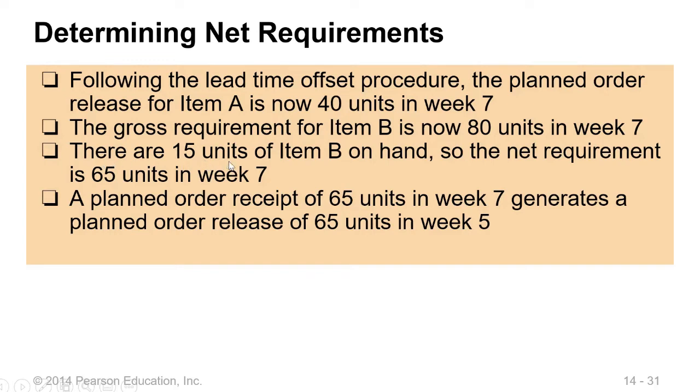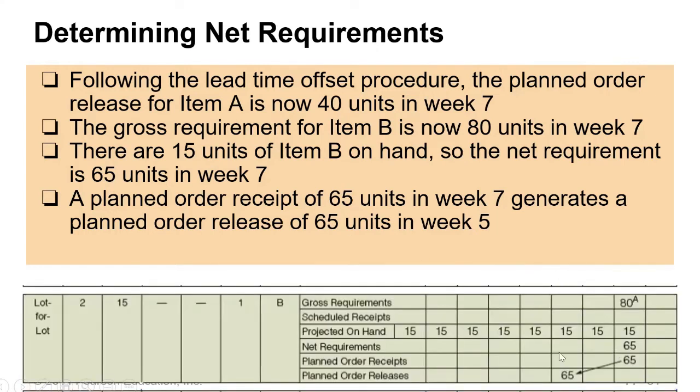And there are 15 units on hand. So the net requirement is 65 in week 7. So what happened is this. You have projected on hand, which is 15. You minus 80, 80 minus 15, you get 65. So the plan order release is going to be in week 5.